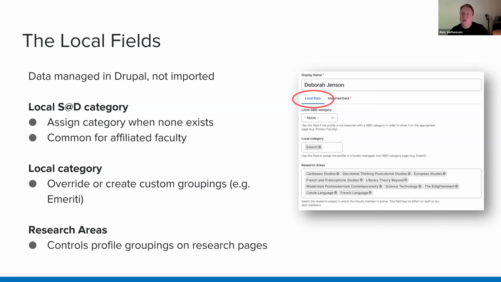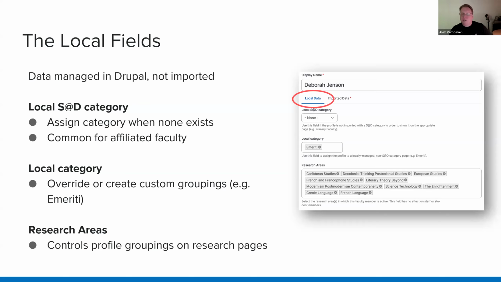The local category is a customized list of categories specific to a department used to group memberships into non-standard pages. So, for example, professors, assistant professors, instructors, etc. This requires customization and makes management a little more complex.